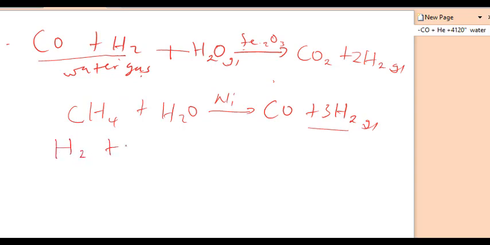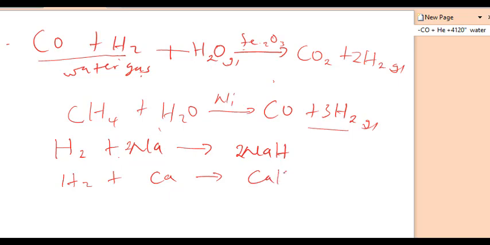Let's look at a metal like sodium. It will give us sodium hydride; balance the equation. If it is calcium, hydrogen reacts with calcium to give us calcium hydride.